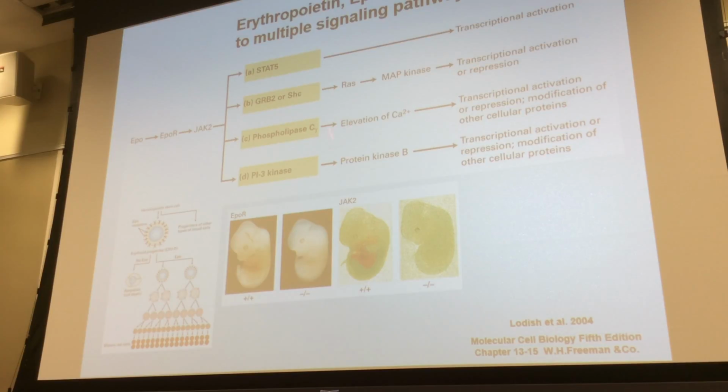Calcium. So now your calcium is there to do multiple things like transcription activation or repression, modification of other cellular proteins. How's it doing that? How does free calcium do all of these things? Calmodulin. So calmodulin has its own kinase that it interacts with, right? Or PKC.